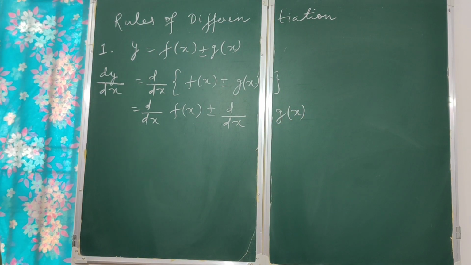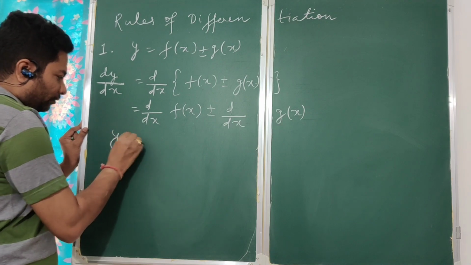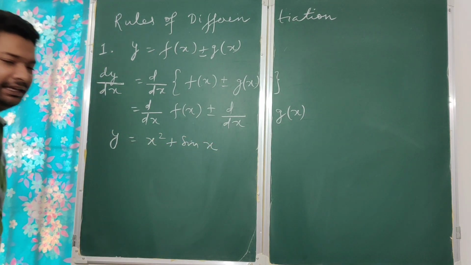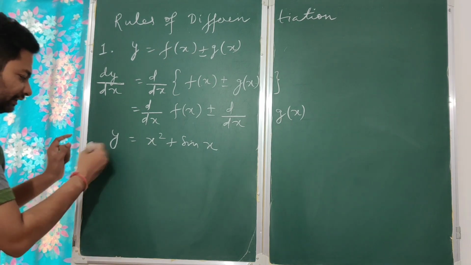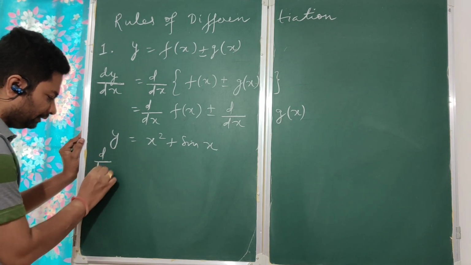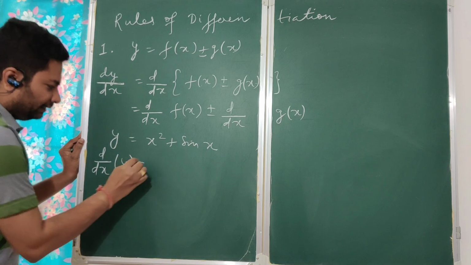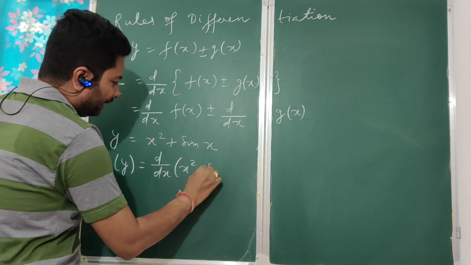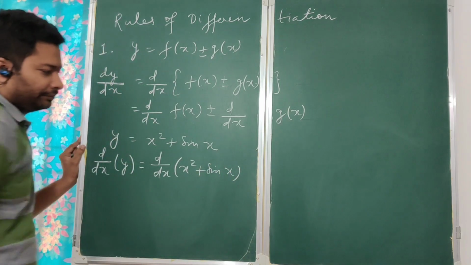Let us take an example. If I am having y is equal to x square plus sin x, and they have asked us to differentiate it with respect to x, then what we can do? d by dx of y, we can write it as d by dx of x square plus sin x.